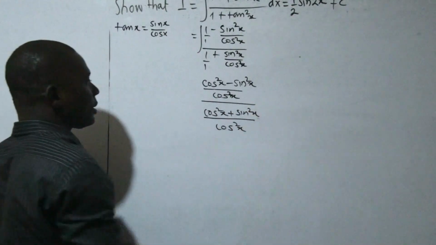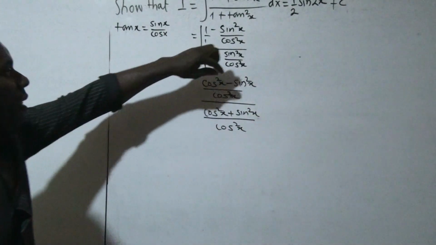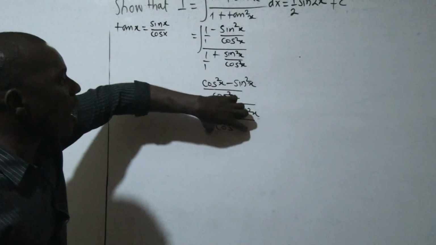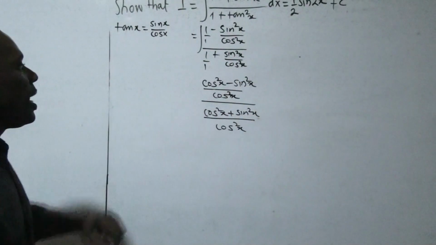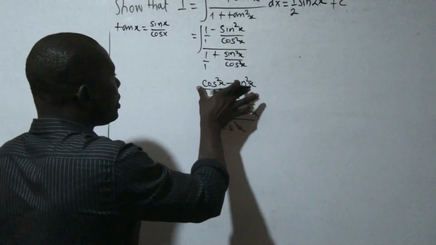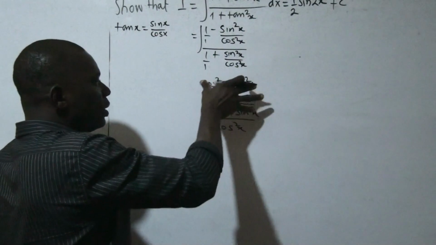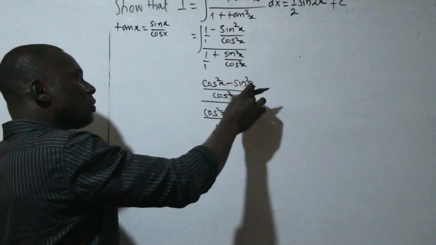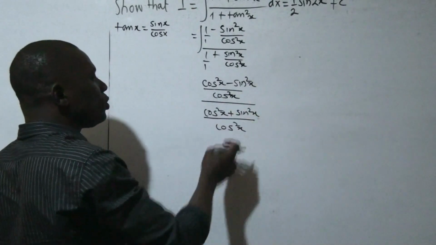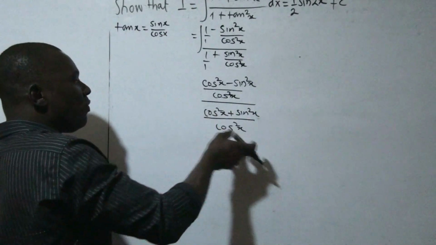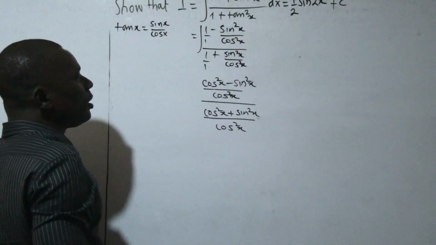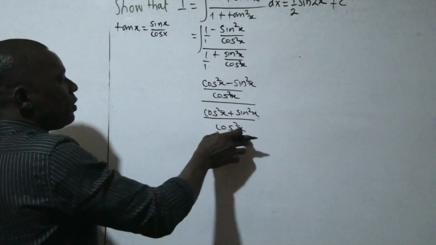Here we use the fact that far by far and near by near. This expression means we are saying this divided by this, naturally we change the division sign to multiplication by inverting the denominator of this fraction.